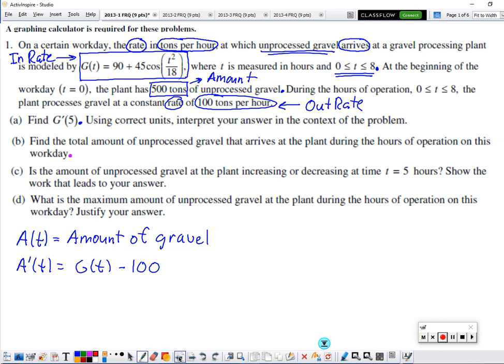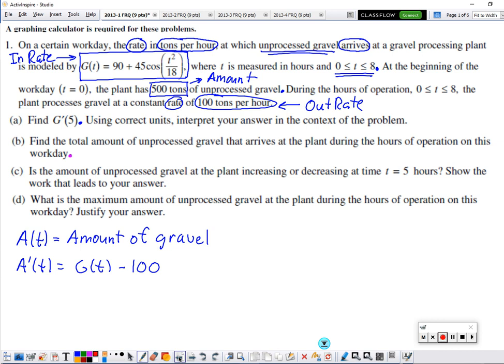It's very common in AP questions to have a situation like this, where there is some amount, and then again there's some rate which causes the amount to grow, and some rate which causes the amount to go down. That's this situation. But they like to ask questions about, like you saw here, not how much gravel is in the pile, they're asking about how much gravel is arriving.